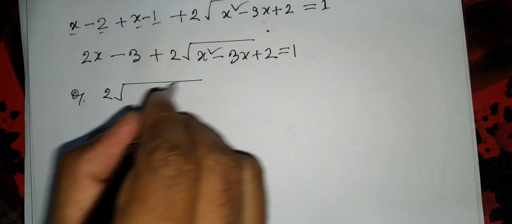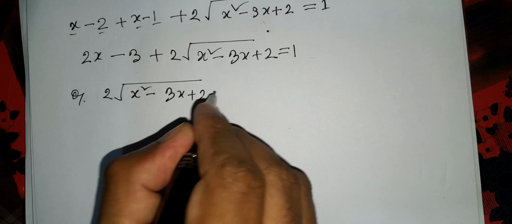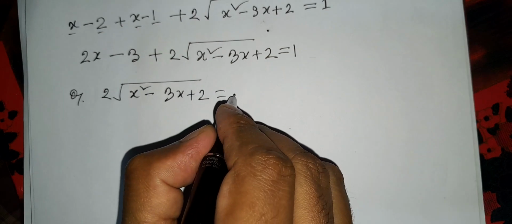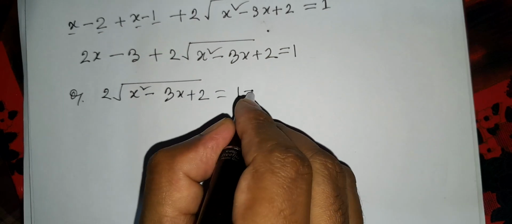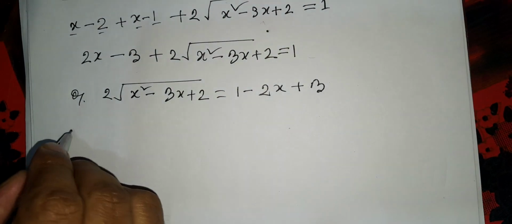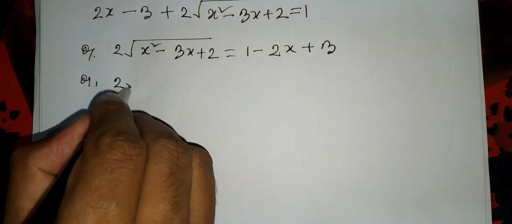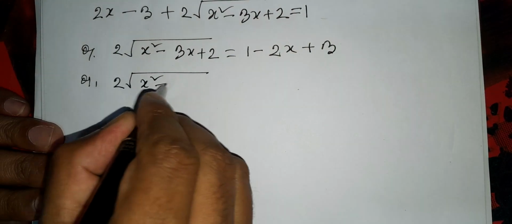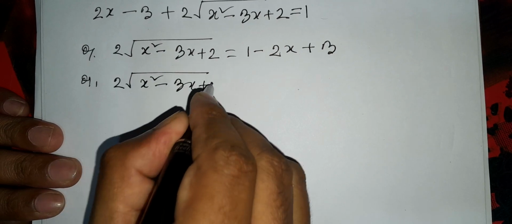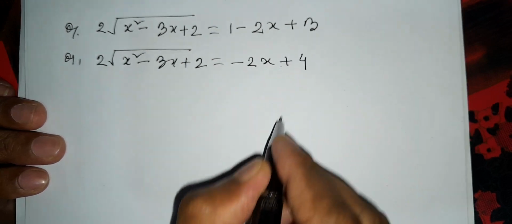So we write here x square minus 3x plus 2 equal to 1 minus 2x plus 3. Okay, now we can write root over x square minus 3x plus 2 equal to minus 2x plus 4.